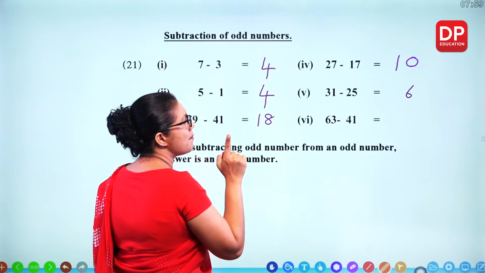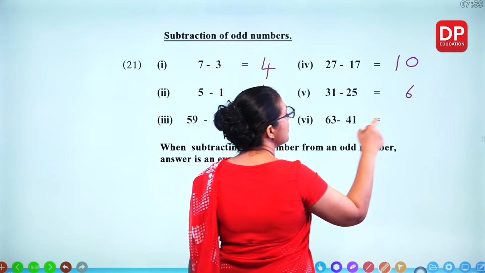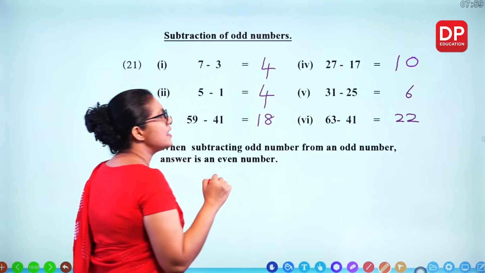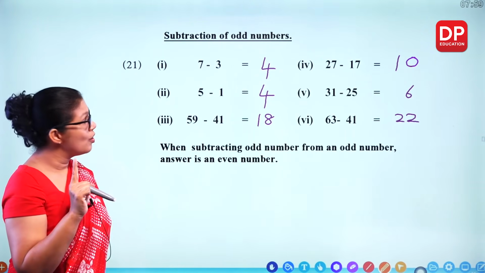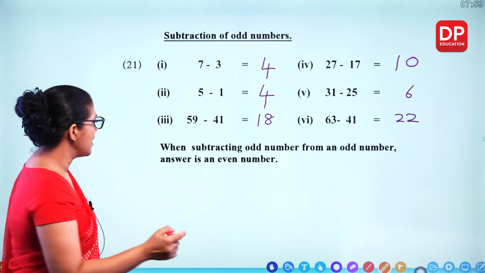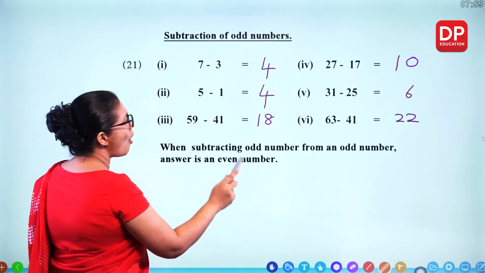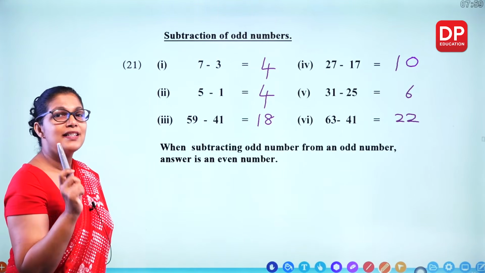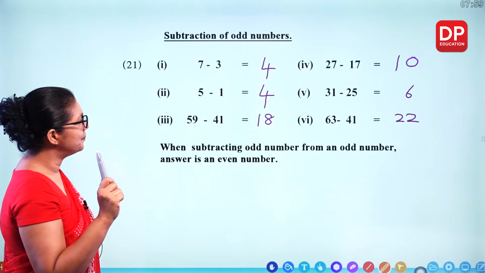You are getting 31 minus 25. Here, 3 minus 1, 2. 6 minus 4, 2. 22. So, what are the answers? All are even numbers. So, when subtracting odd number from an odd number, the answer is an even number.